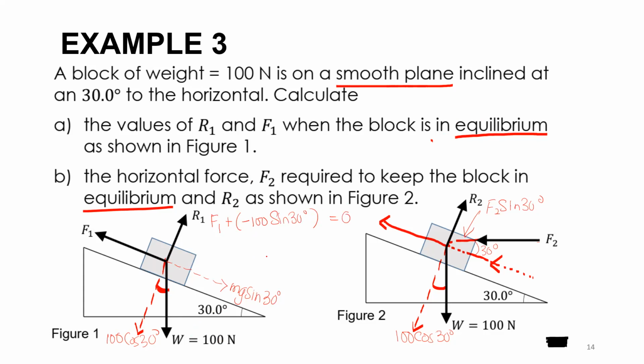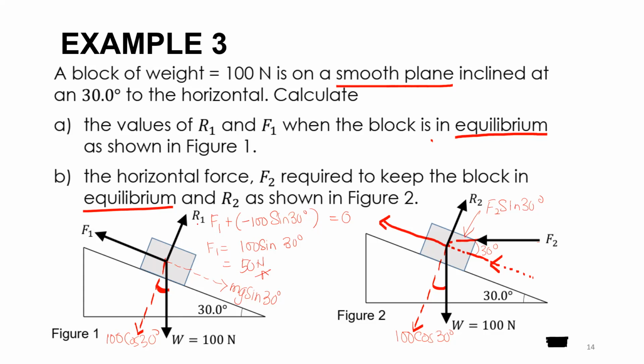Therefore my F1 is equivalent to 100 sine 30 degrees. So that will give me 50 Newton.